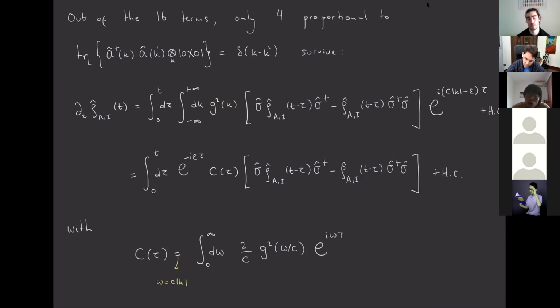This function is so important that it receives a special name. It is called the environmental correlation function. So this is the correlation function of the environment.